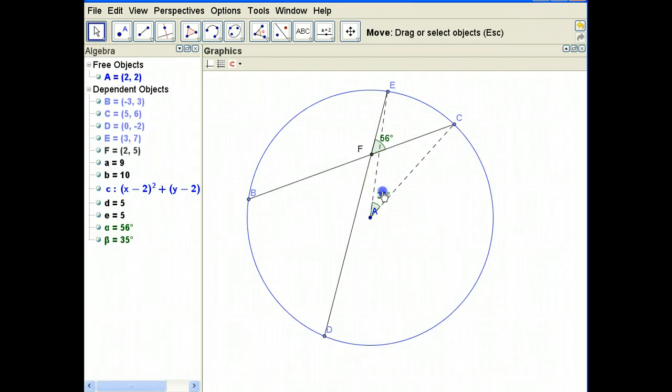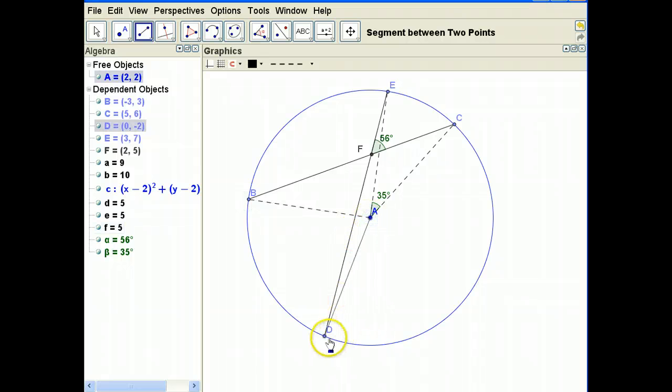We'll leave that there. And then I'm going to create another central angle to measure the other arc. We want this minor arc right here. So let's go ahead and do that again. We'll create a central angle, and it automatically does the dashed lines. It gets a little messy on the screen, but the goal is to see what the connection is.